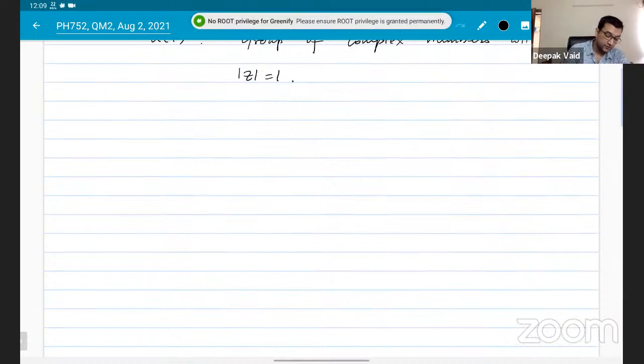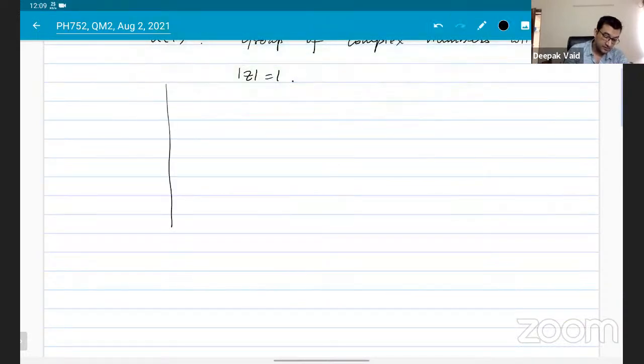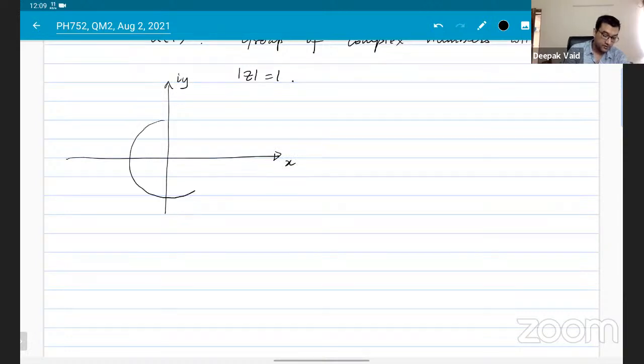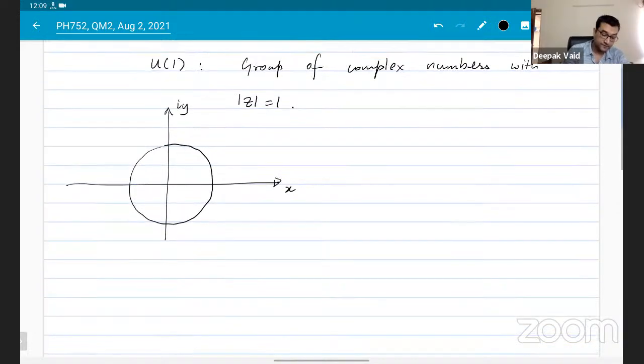Basically, it's a set of elements in the complex plane which live on this circle, right?